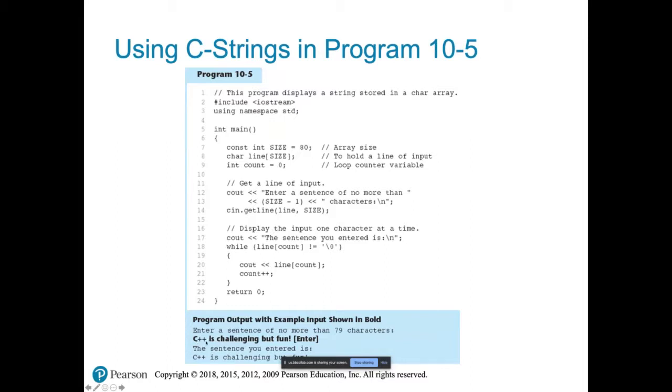If they didn't, it would stop right here, and the rest of this would be in a buffer. Because they're using getline, it reads the entire line all the way up to the new line. Displaying the characters one at a time, they're going to keep on displaying until the new line comes into place.